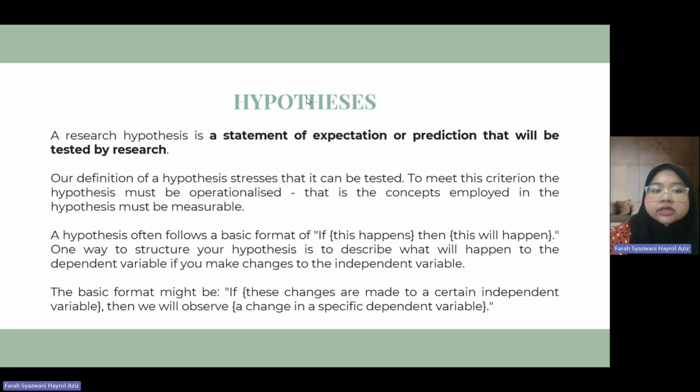A hypothesis often follows a basic format of: if A happens, then B will happen. If this happens, then another thing will happen. What are the consequences? One way to structure your hypothesis is to describe what will happen to the dependent variable if you make changes to the independent variable. The basic format might be: if these changes are made to a certain independent variable, then we will observe a change in the specific dependent variable.